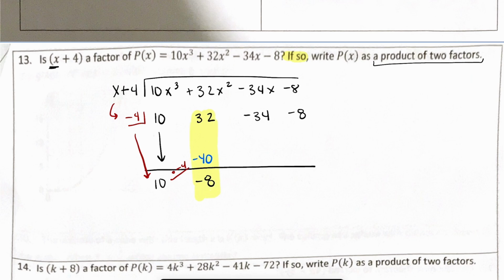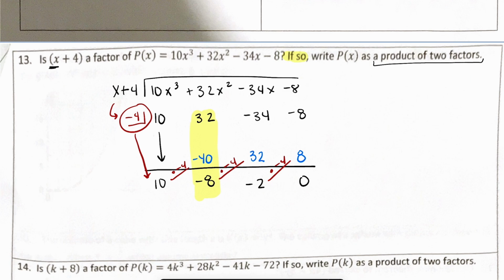Next, we continue multiplying by our divisor, which is negative 8 times negative 4, which makes it positive 32. And we are left with negative 2 here. Same thing, we continue multiplying by negative 4, becomes positive 8. Negative 8 minus 8 is 0.